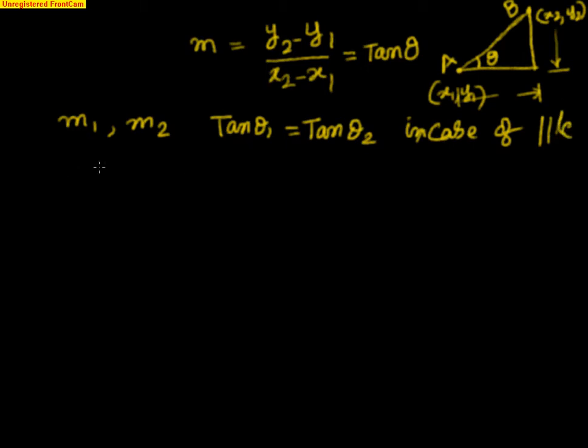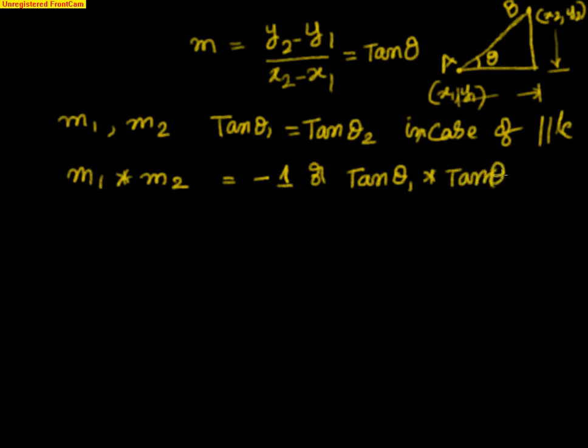And similarly, m1 m2 is equal to minus 1, or tan theta 1 into tan theta 2 equal to minus 1 in case of perpendicular lines. So let's go ahead and see how we can do this.